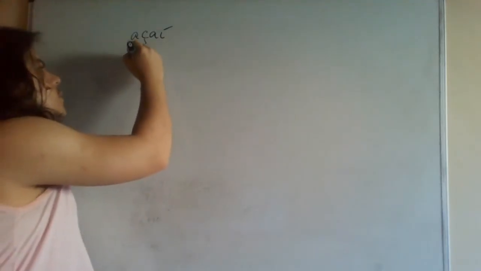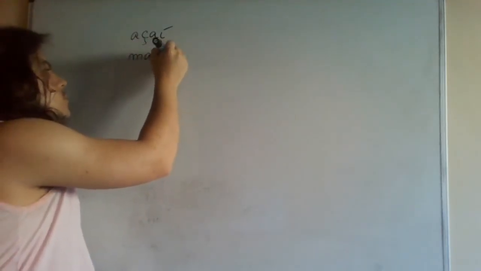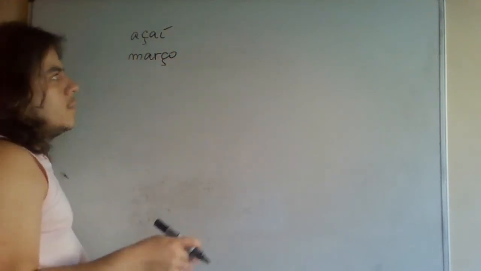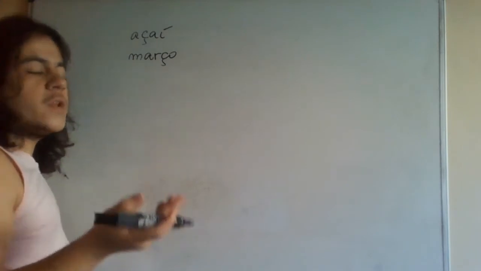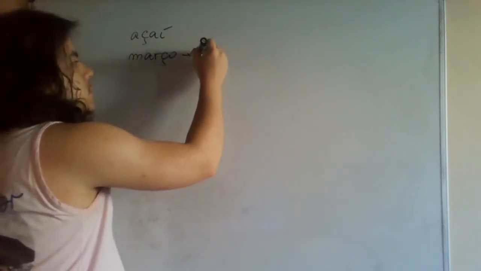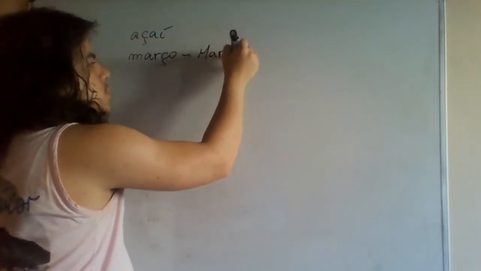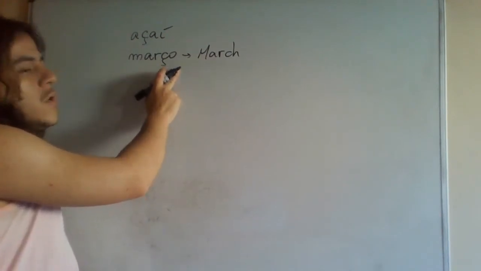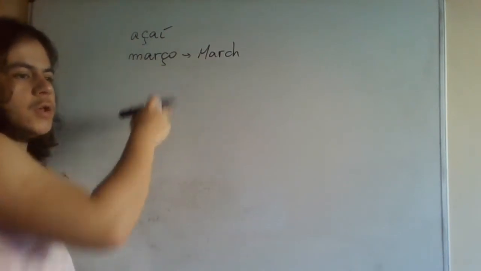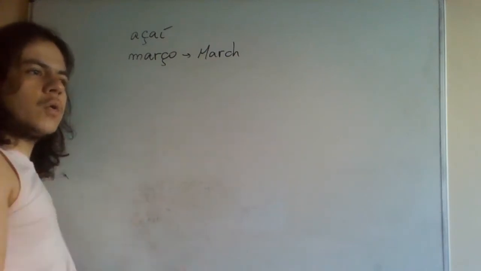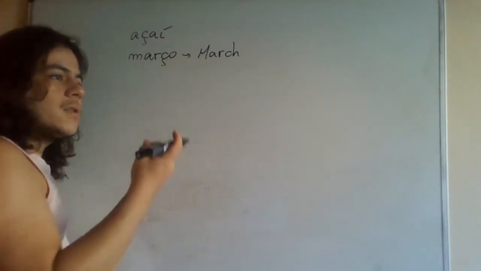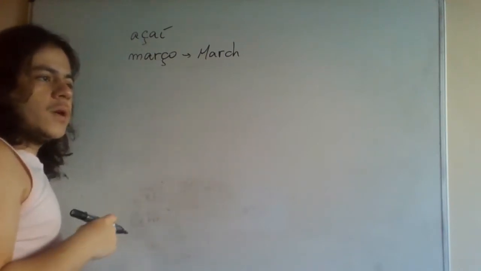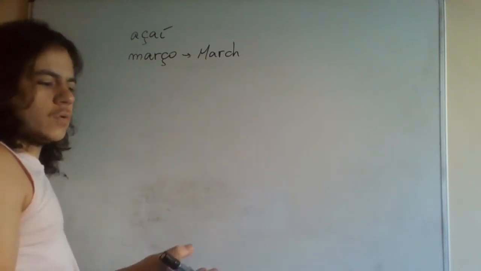Another example, março. Março, it's a month of the year. It means March. The same thing, we have the letter C before letter O. We would say marco, but to make the soft sound, we put a cedilla below letter C, março.